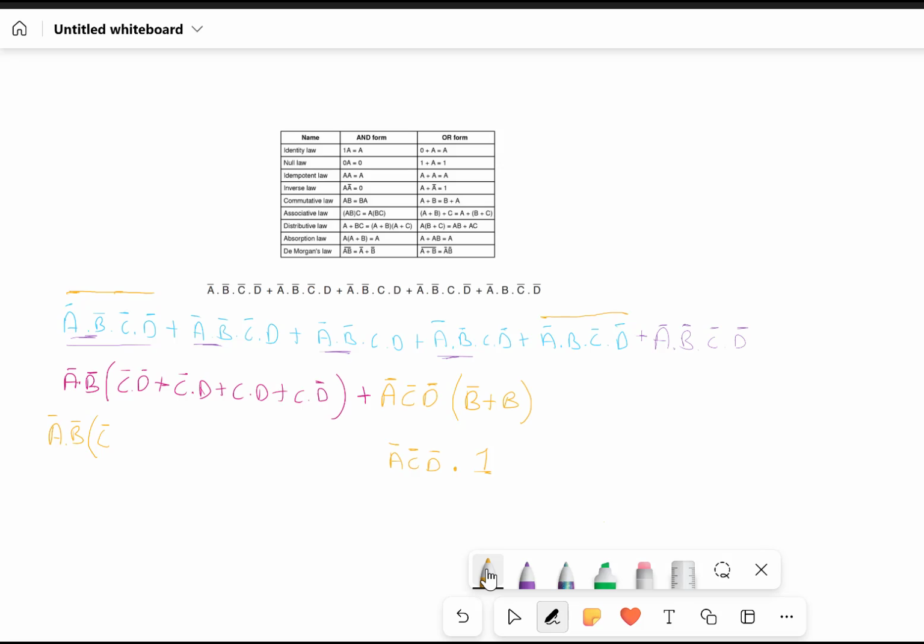By grouping the not C's together, so that's that one and that one, we have not D or D inside a bracket. And then we can also group the C's together, so that one and that one, and inside the brackets we would have D and not D or not D.